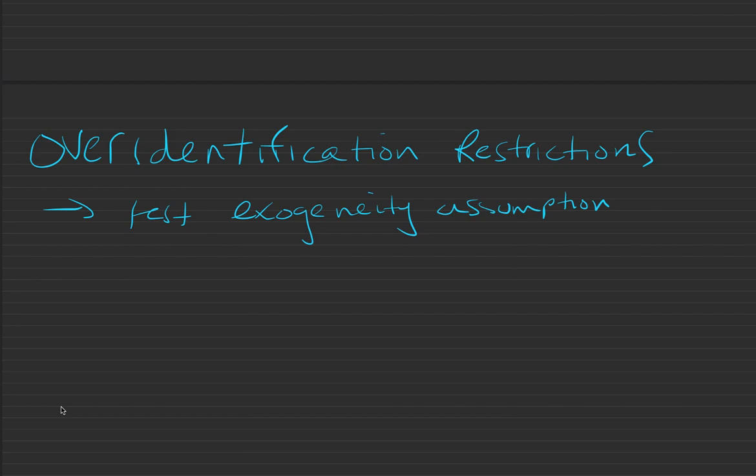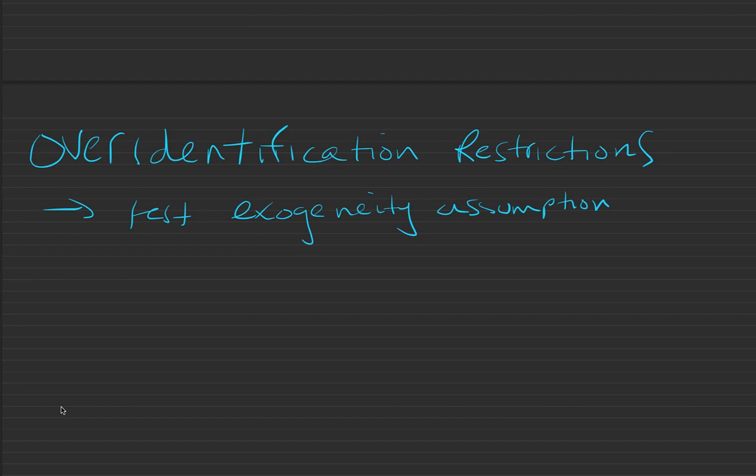We have seen that relevance is easily testable through the first stage equation. Now, the exogeneity assumption is harder to test, but given that we have more instruments than endogenous regressors, we can test whether some of the excluded instruments are uncorrelated with the structural error U1.